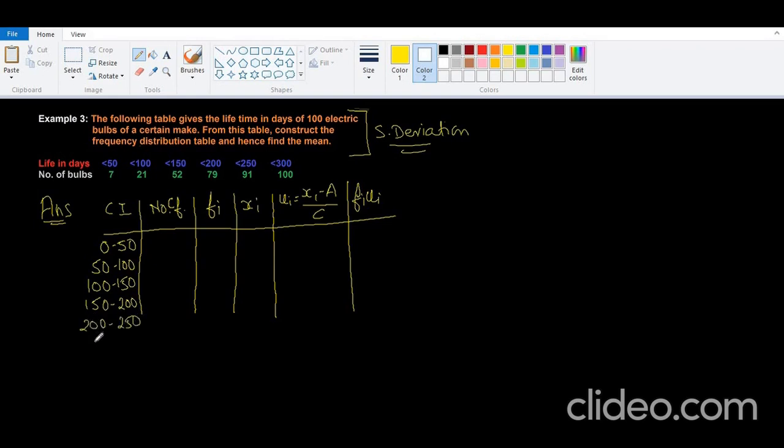Less than 300 means 250 and 300. So this is your class interval. Now cumulative frequency is given to you as 7, 21, 52, 79, 91 and 100.